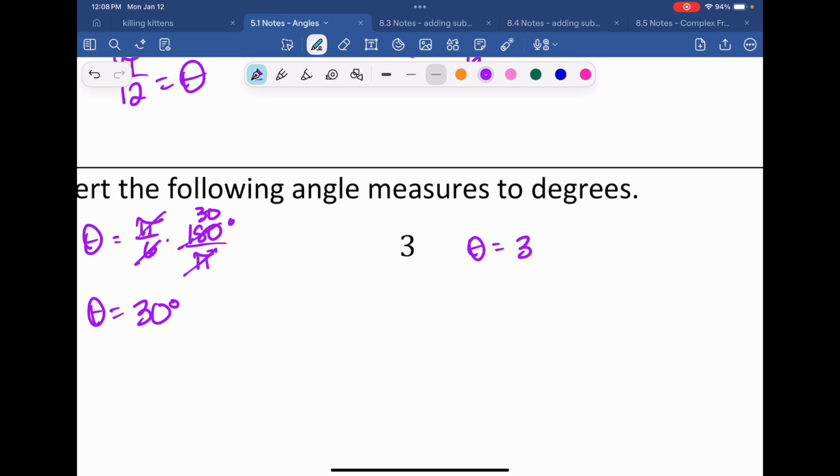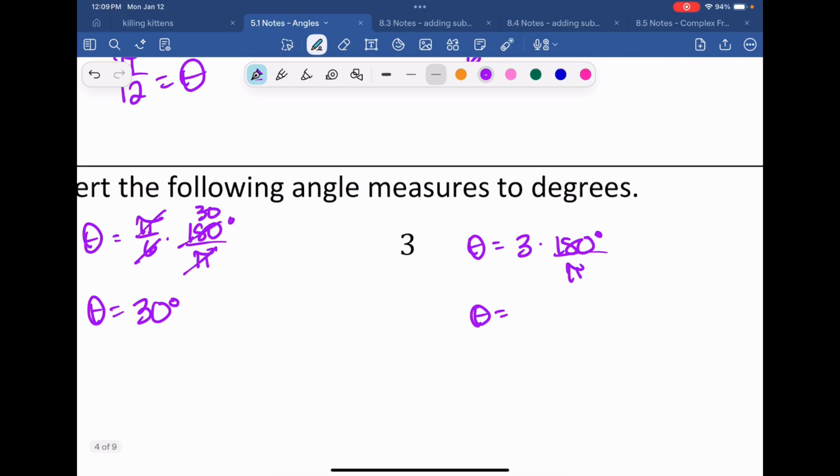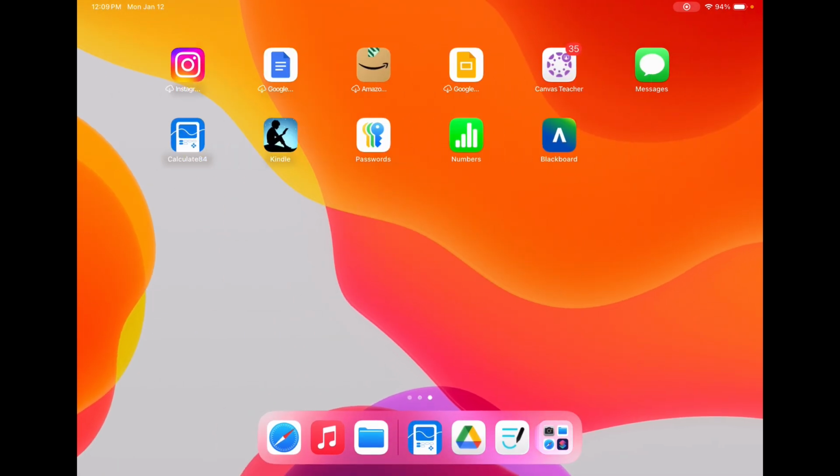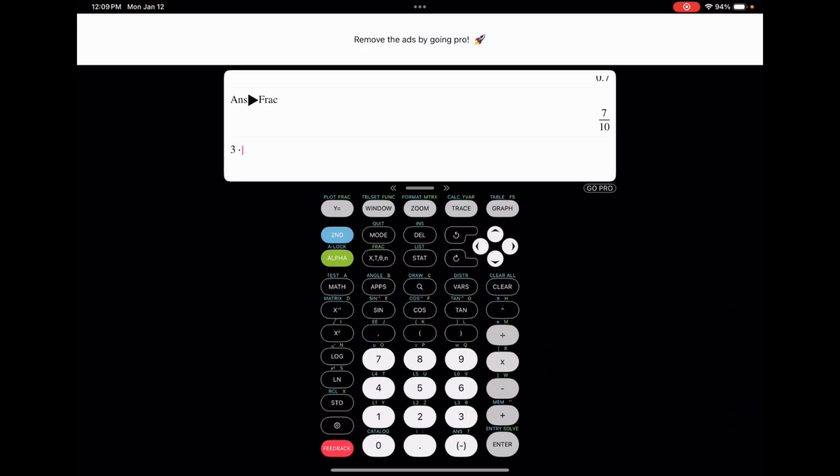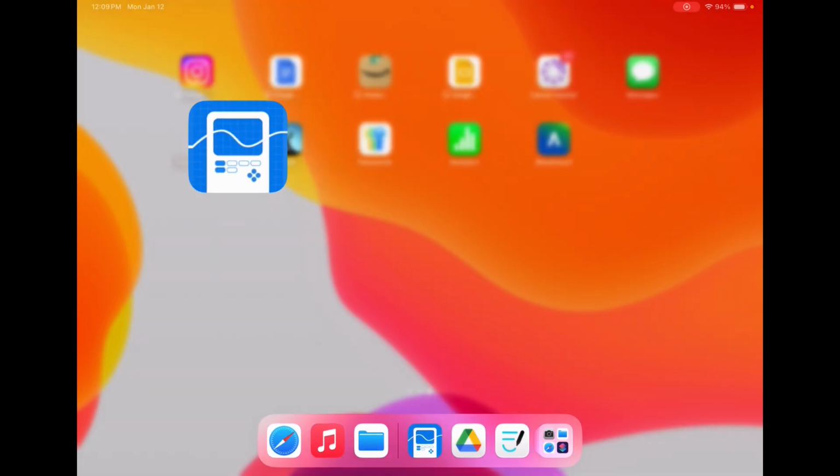So angle times 180 degrees over pi. So this one's not going to reduce. You're going to have this pi in the denominator, which is fine. I just don't know what 3 times 180 is. Let's see, 3 times 180, 540.